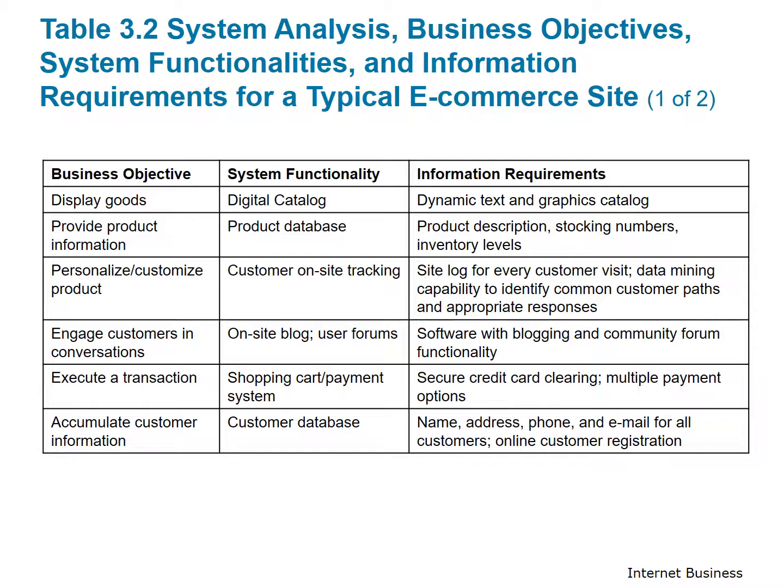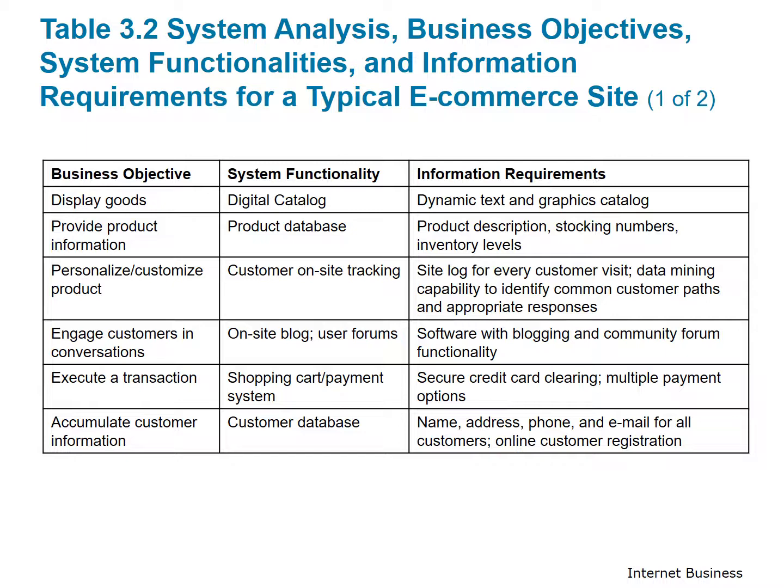Table 3.2 describes some basic business objectives, system functionality, and information requirements for a typical e-commerce site. As shown in the table, there are 10 basic business objectives that an e-commerce site must deliver.